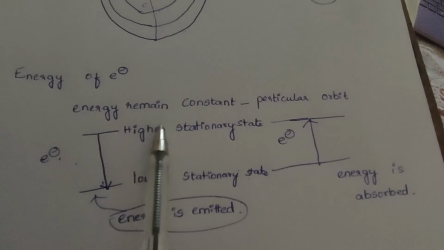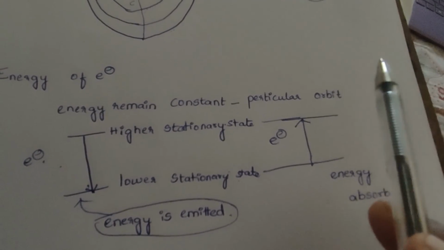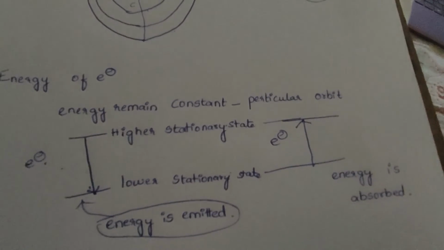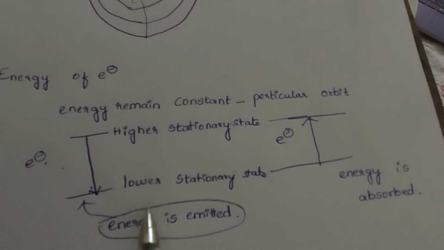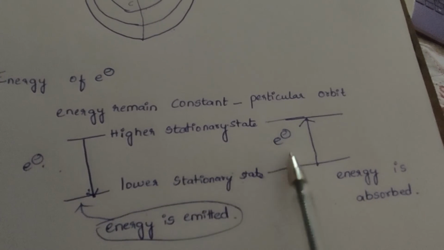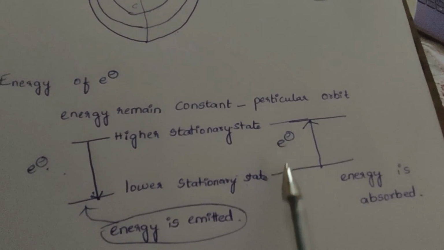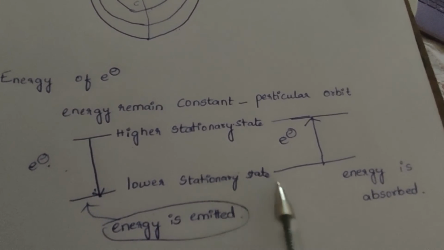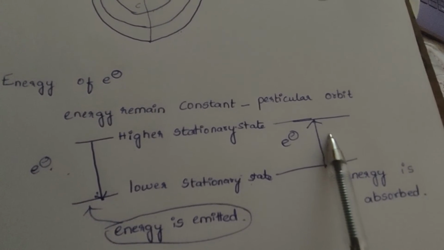So as long as it is in an orbit, within one orbit, it will not have any energy change. When the electron moves from a higher stationary state to a lower stationary state, energy is emitted. And when energy is absorbed by the electron, it moves from a lower stationary state to a higher stationary state.